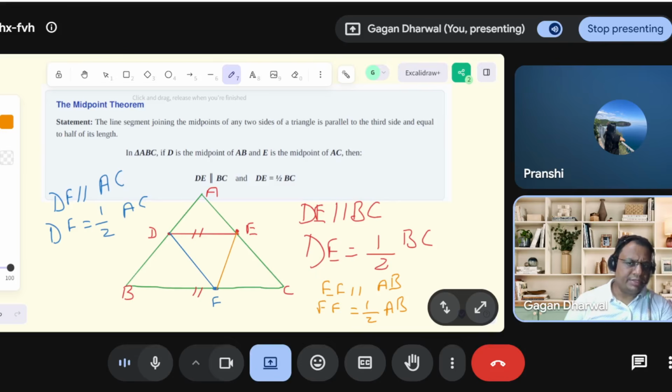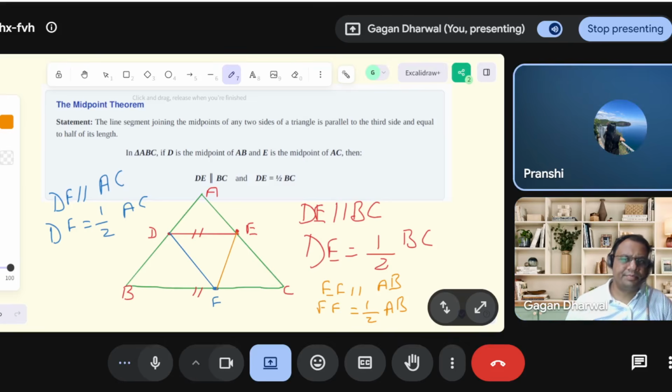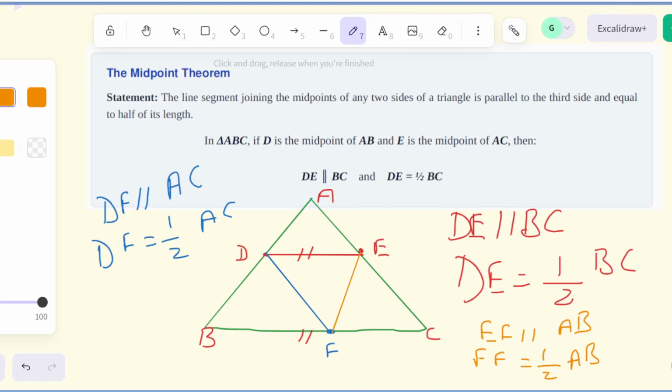So we consider the midpoints D, E, and F for this triangle ABC on the sides AB, AC, and BC respectively. When we join any two midpoints, that line will definitely be parallel to the third side, and measurement wise, it will be half of the measurement of the third side. You write it down, then we'll do the next.